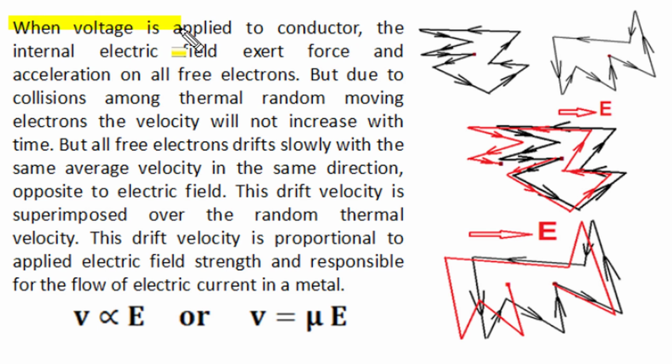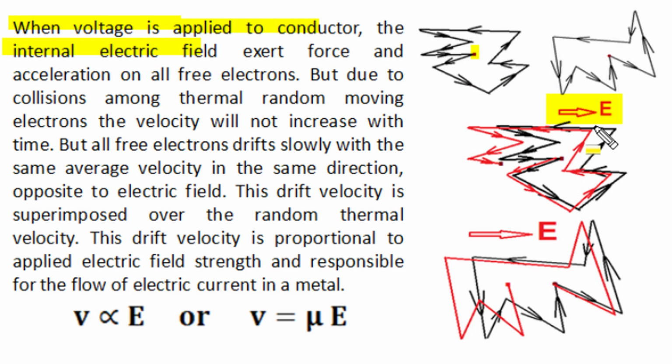When external potential is applied across a conductor, that potential establishes an internal electric field, and due to that electric field, this thermal random motion of free electrons gets modified, and all free electrons will experience a force and acceleration due to the internal electric field in the direction opposite to the direction of the electric field. But due to the collisions among thermal random moving electrons, the velocity of these free electrons in the direction opposite to the electric field will not increase with time.